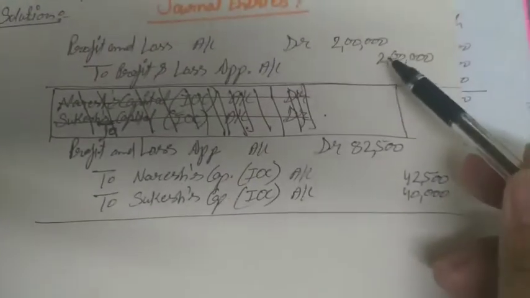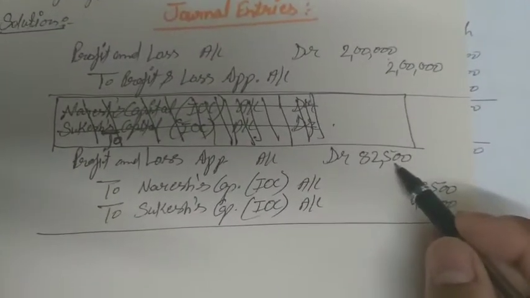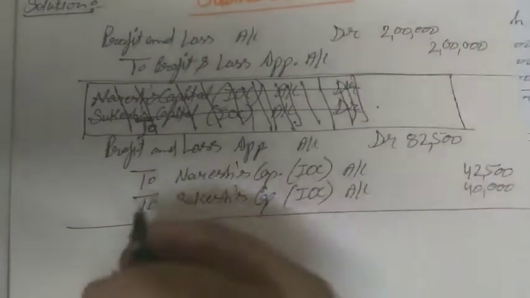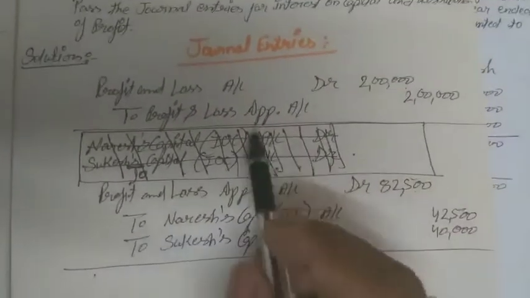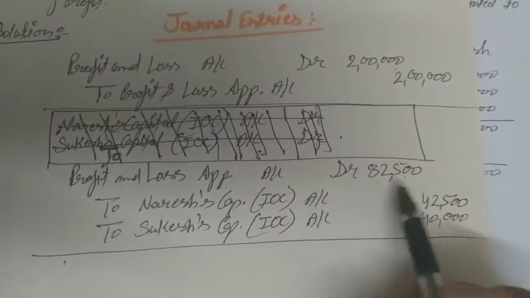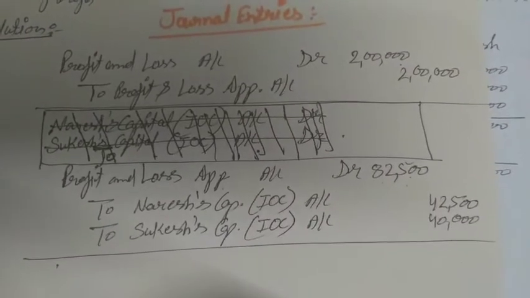And then the last journal entry will be for distribution of profit. From 2 lakh of rupees we will subtract 82,500 and then distribute among the partners. So again, profit and loss appropriations account is credited by 2 lakh and debited by 82,500, so the balance will be left on the debit side.